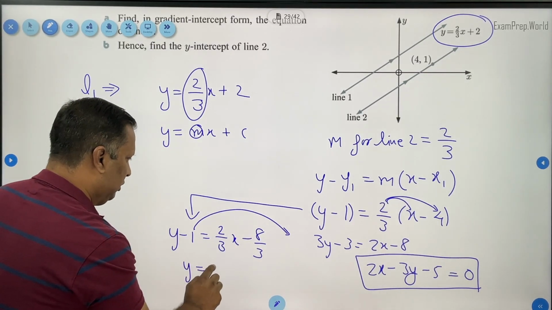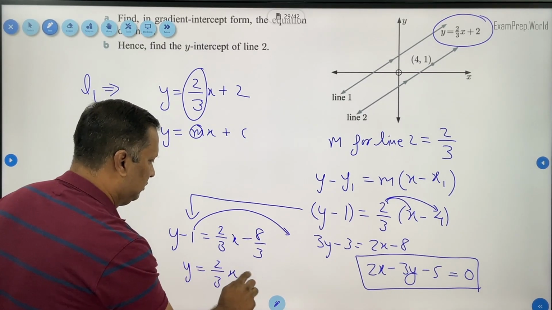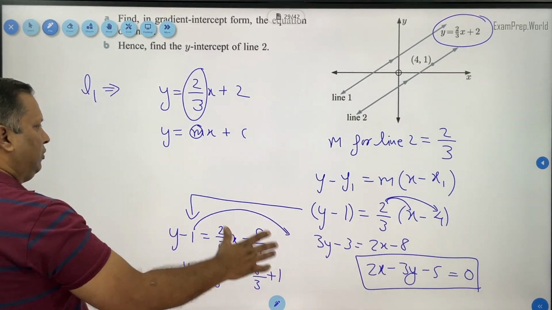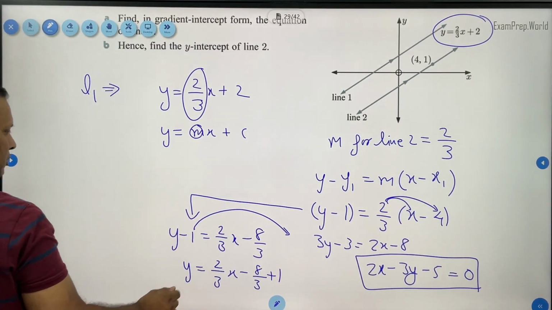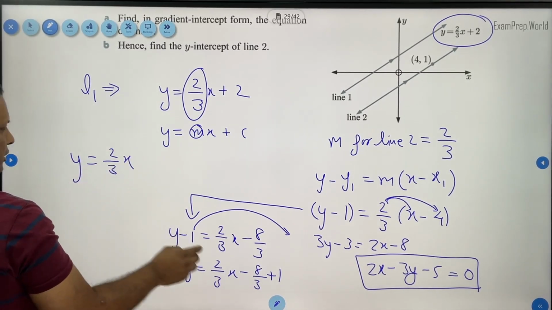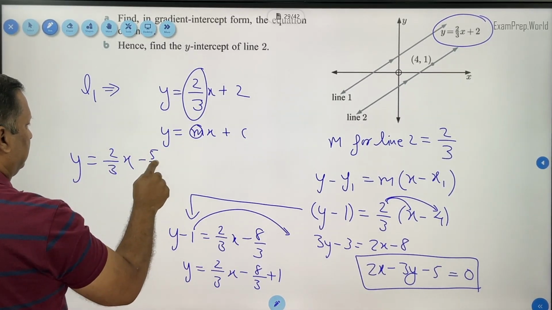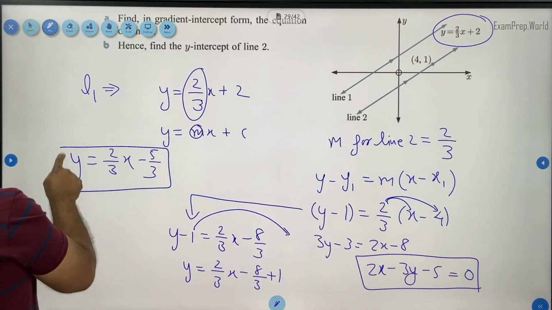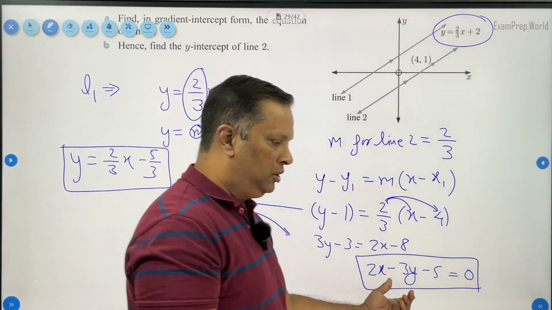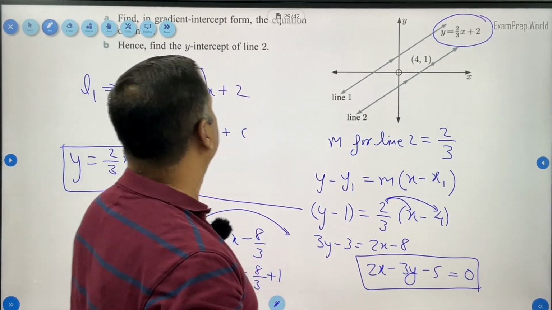So it becomes y equals 2 by 3 x minus 8 by 3 plus 1. So what is the final thing? y equals 2 by 3 x minus 5 by 3. So this is in gradient intercept form, and the other is in standard form or normal form.